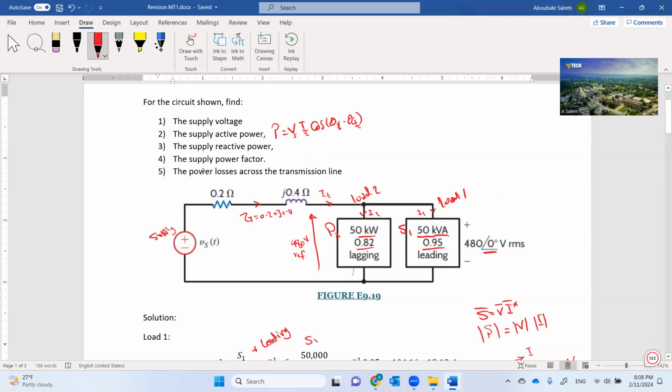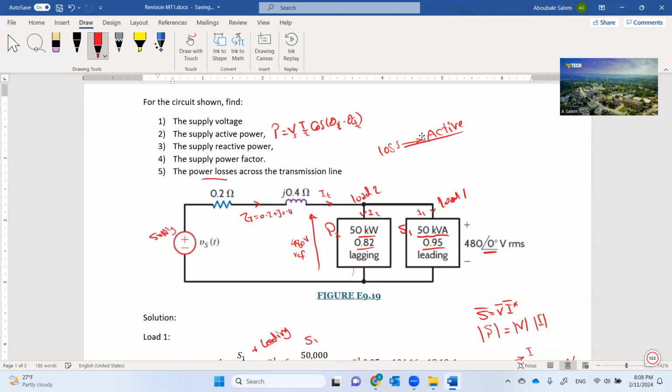Last thing here, guys, find the power loss across the transmission line. Sometimes I see you make a mistake here: if I say power loss, it has to be active power, because reactive power is not making losses. So all the time, loss is referring to active power.